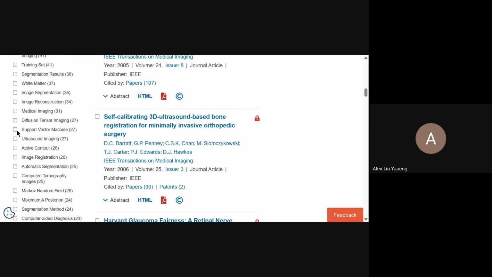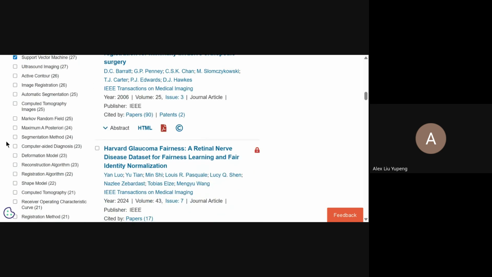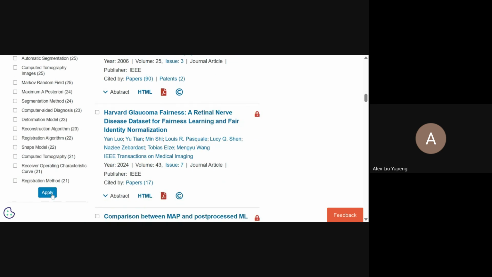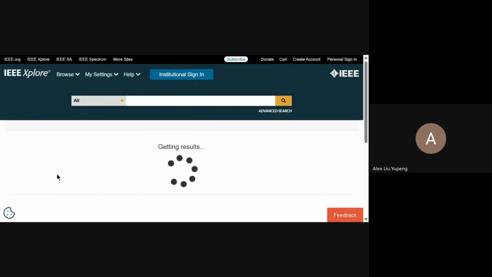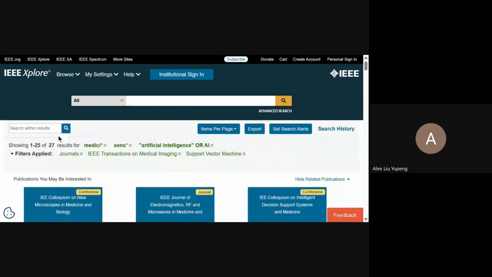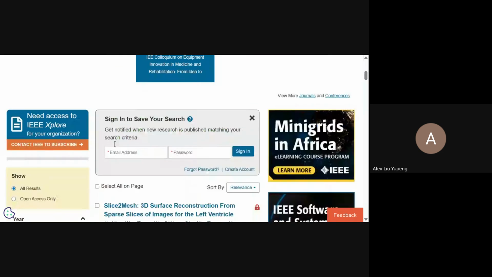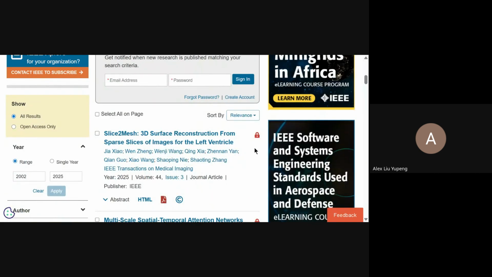Let's say support vector machine. This is an AI topic, right? You can use this as another filter to zoom in, if your research is related to SVM, support vector machine. So then you only need to read these 27 papers. Reading these papers will give you an idea of the level of research and the topics this journal is publishing.